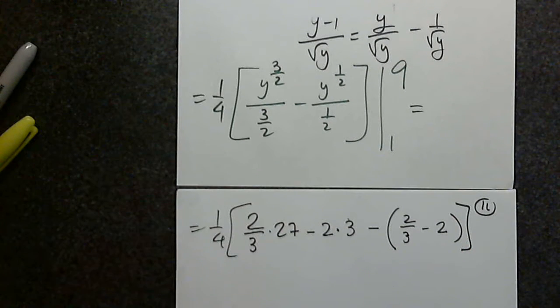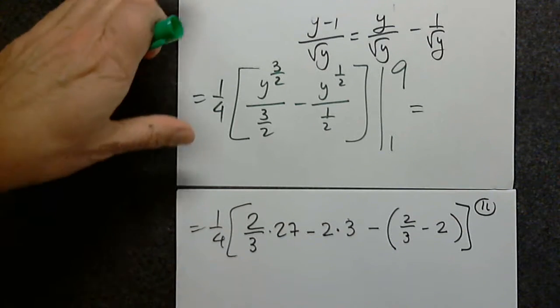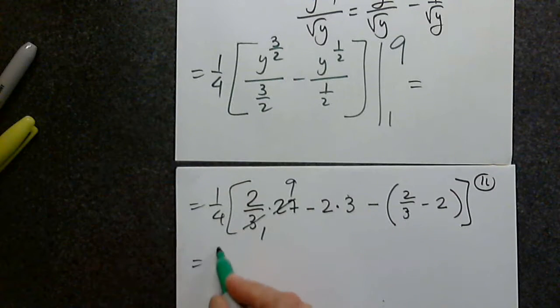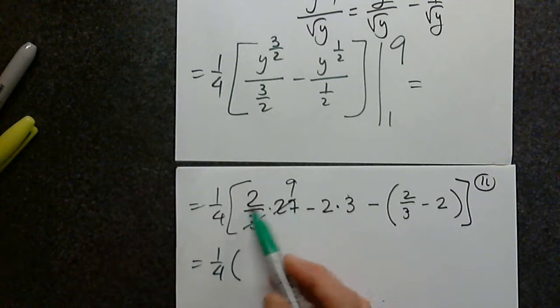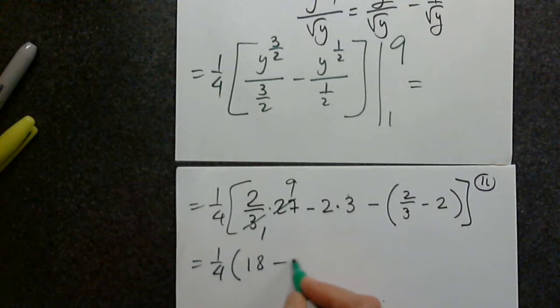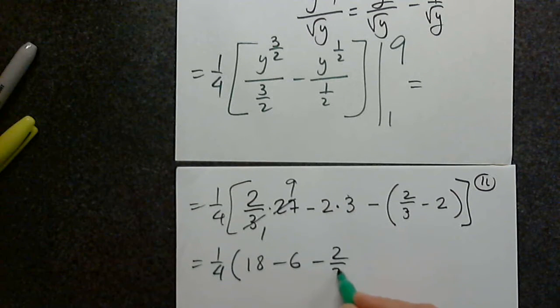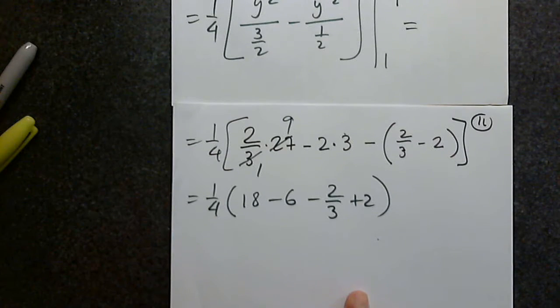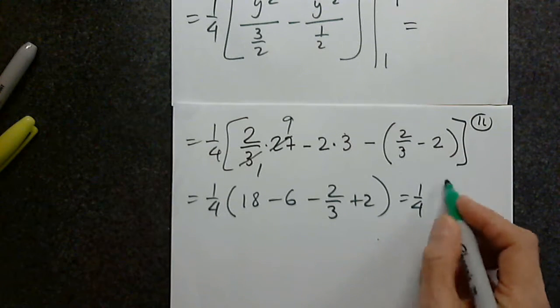And I have to perform these operations. So it's 1/4 outside. This is 18 minus 6 minus 2/3 and plus 2. 1/4.